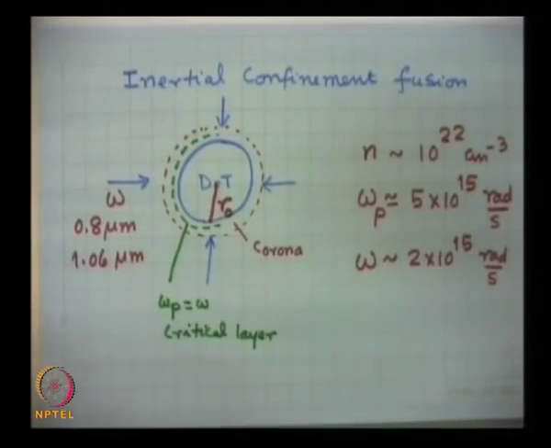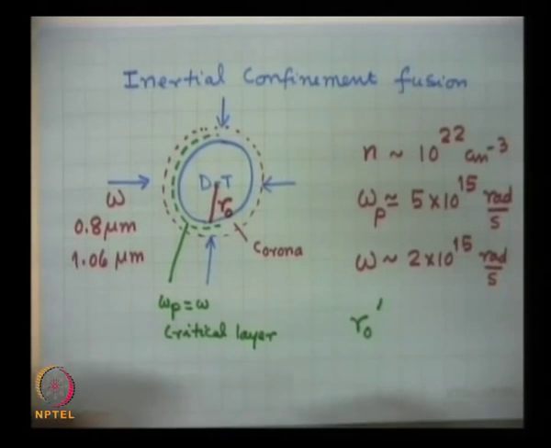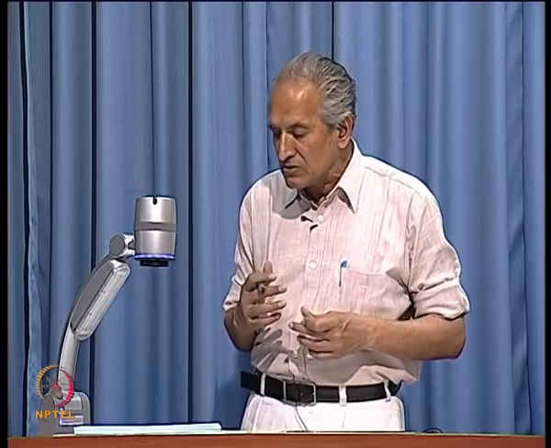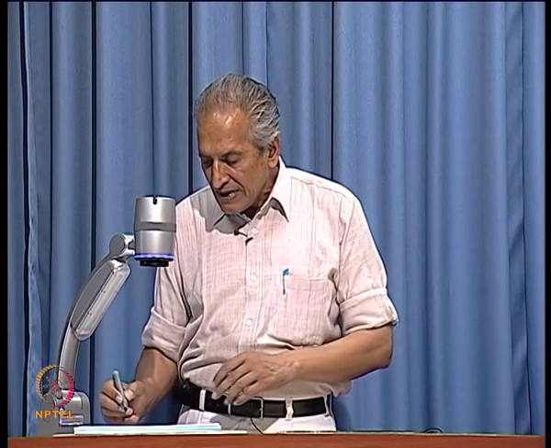So, suppose the core has been compressed to a radius r0 prime. This is the core which in the process of compression will get heated, and where you expect thermonuclear fusion reactions to take place. Suppose you can confine this plasma where the density has also increased.